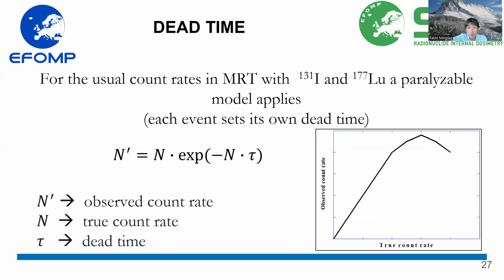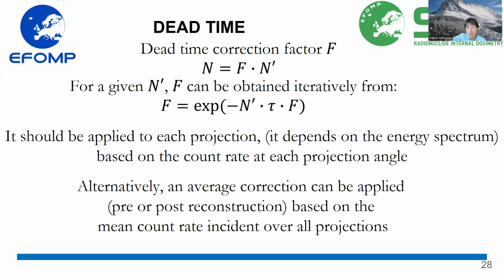But if we have to correct for it, we know that the observed count rate can be expressed as a function of the true count rate and the dead time with this formula. And then we can perform iterations to correct for dead time. Ideally, this correction should be applied for each projection because it depends on the energy spectrum.